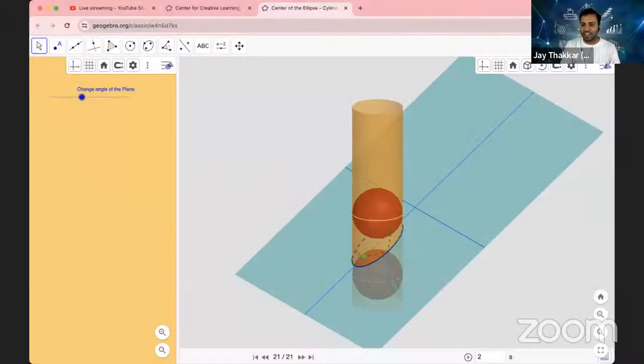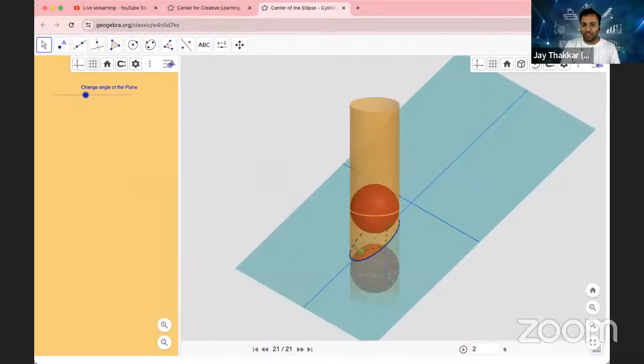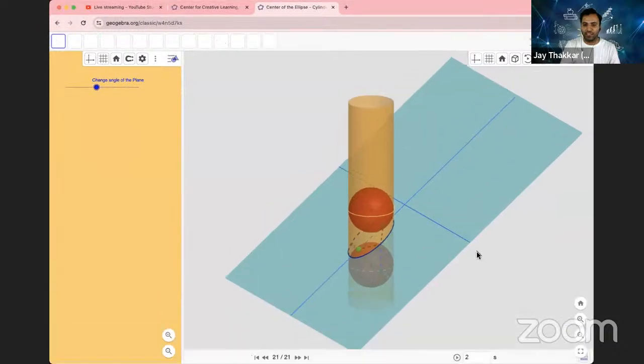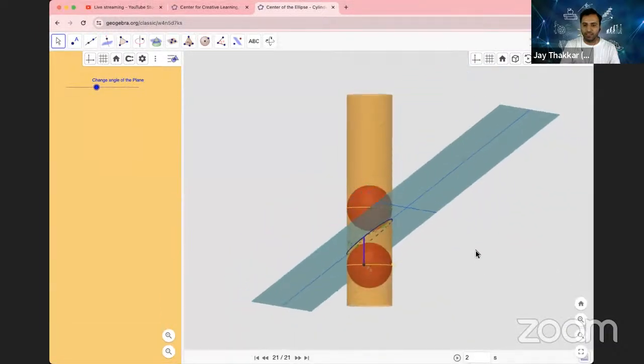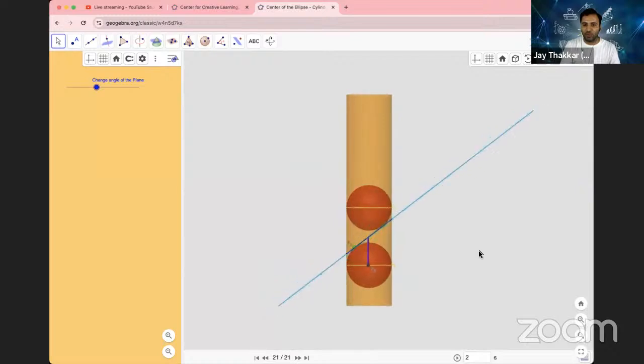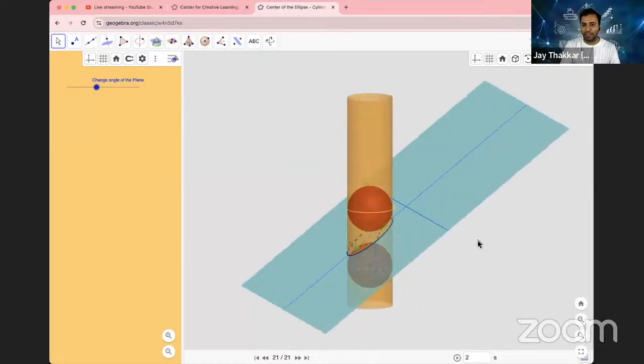And here is a very beautiful proof by Dandelin, which says that, यहाँ पे, let's say if you look at the cylinder, ये हमारा ब्लू कलर का है, वो हमारा क्रॉस सेक्शन प्लेन है.